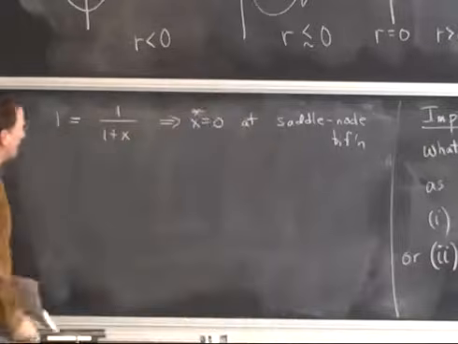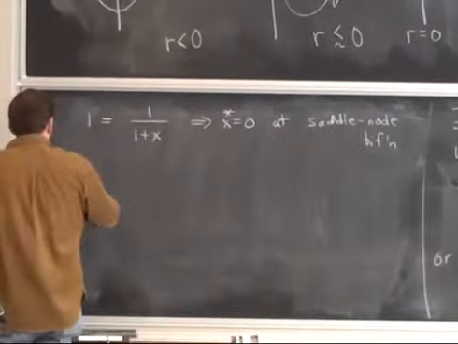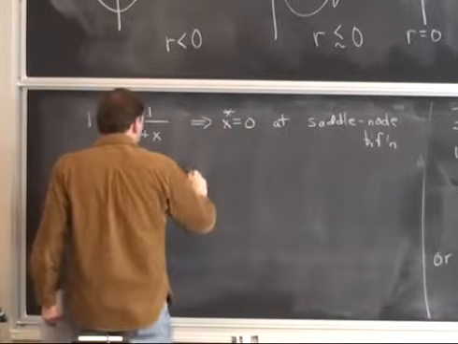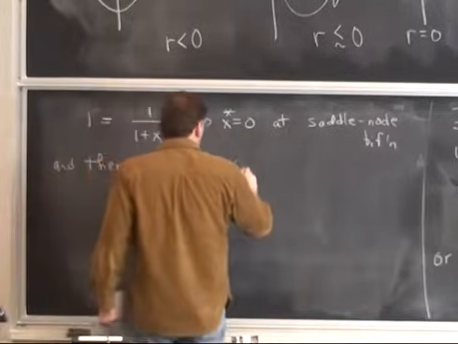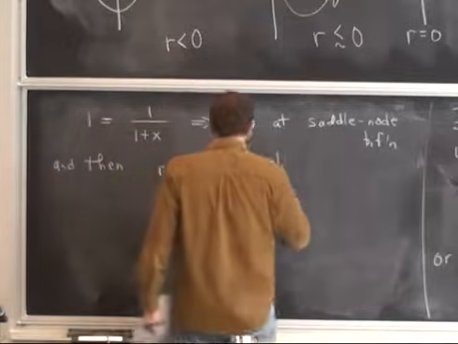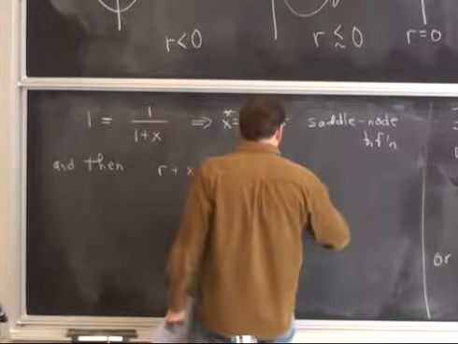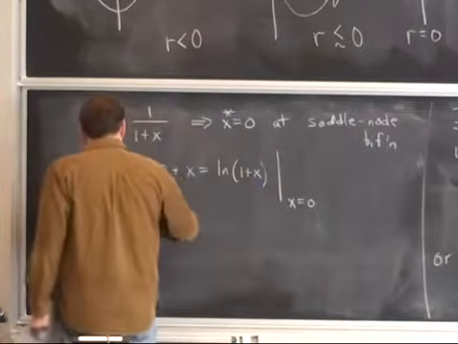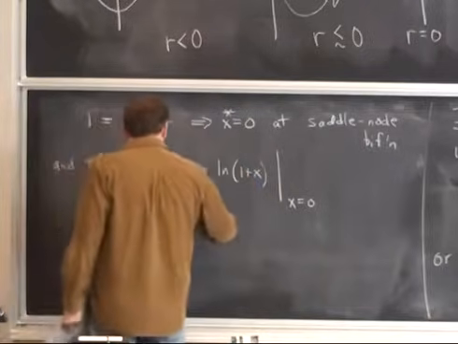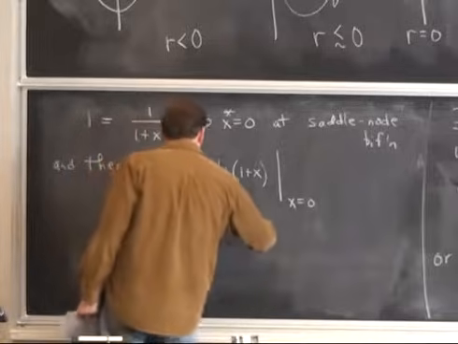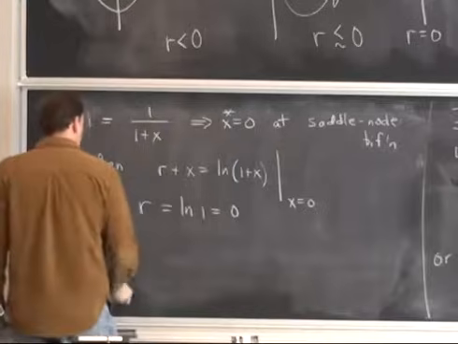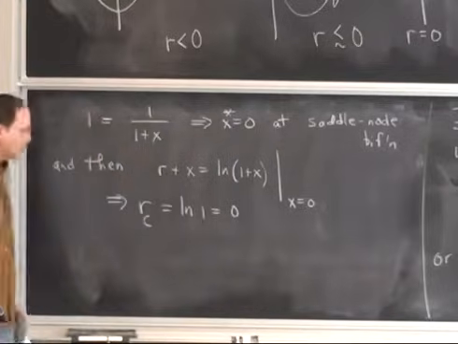And then the corresponding value of r is given by r plus x equals log of 1 plus x, when x is 0. So this says r is equal to log of 1, which is itself 0. So let me call it r sub c, for r critical.